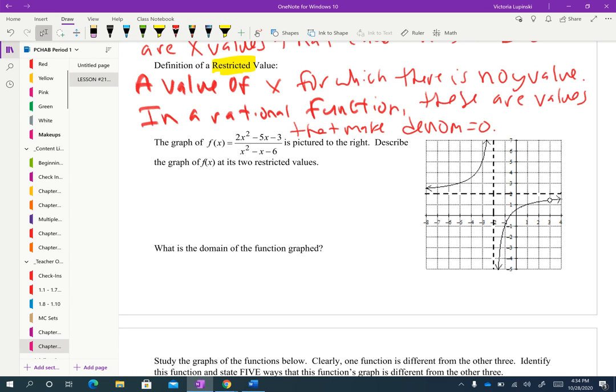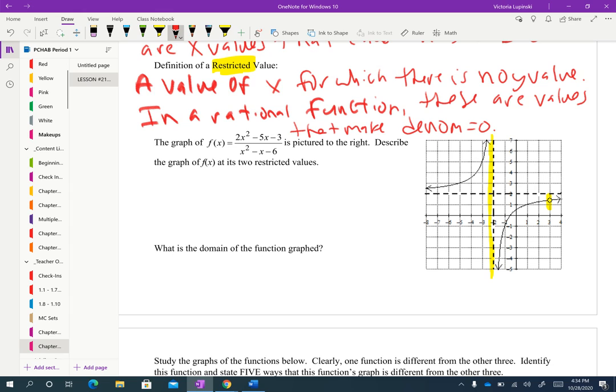So the two values in question are x equals -2 and x equals 3. Hopefully you would notice that here at x equals -2, that is what we would call a vertical asymptote. And then here at 3, that is a hole or an open circle. We have started referring to them in previous lessons as discontinuities.